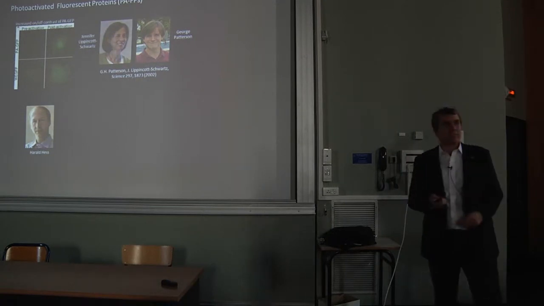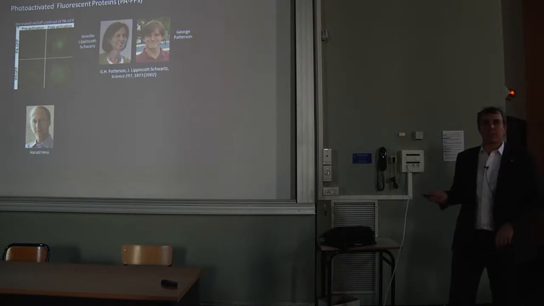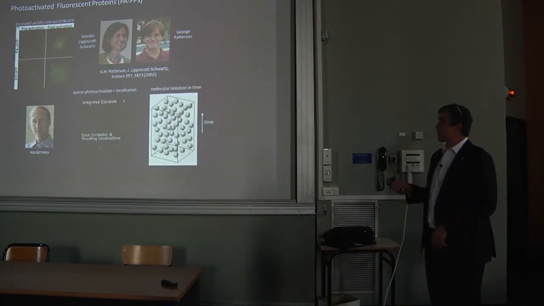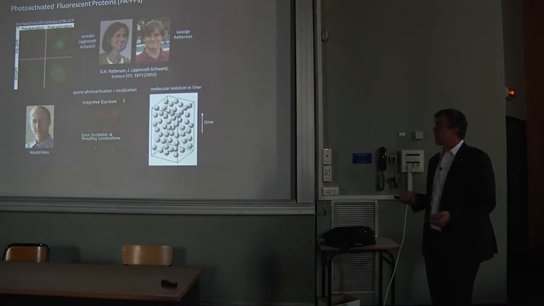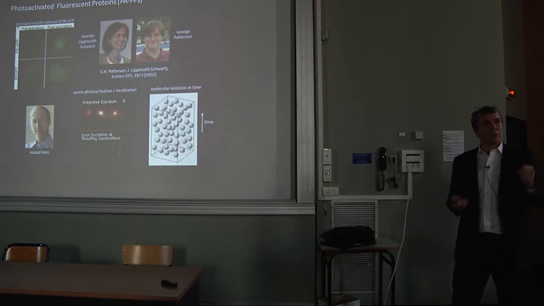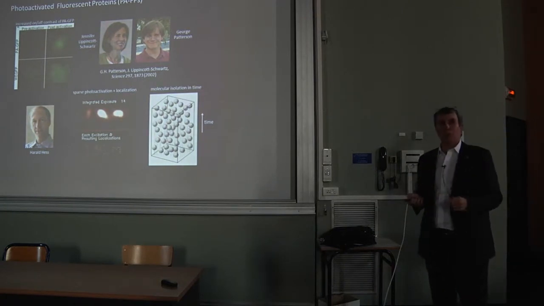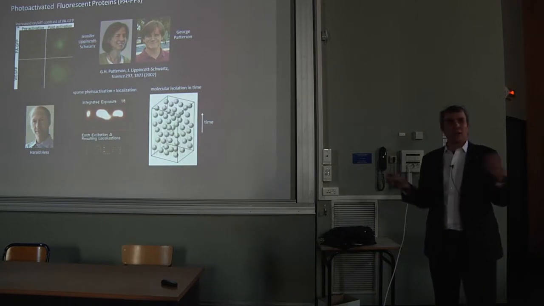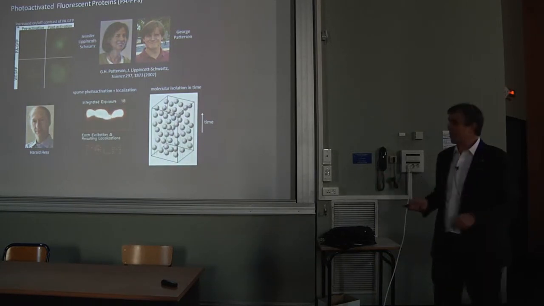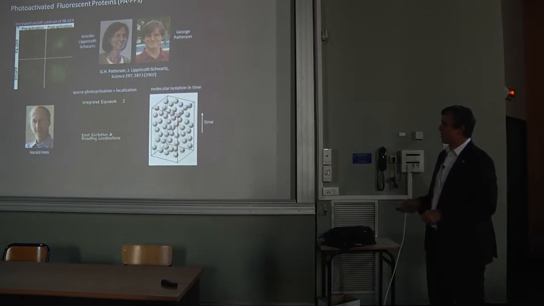We immediately realized when we heard about this that this was the missing link to make that idea that I had pitched a decade before work. Because you could transfect your cell with this, get this photoactivated protein labeled on any protein you cared about, turn on the violet light so low that only statistically a few molecules are going to come on across your sample. They make these fuzzy balls, but because they're separate, you can find their centers.